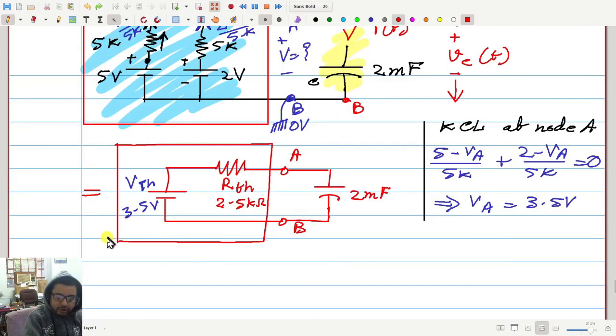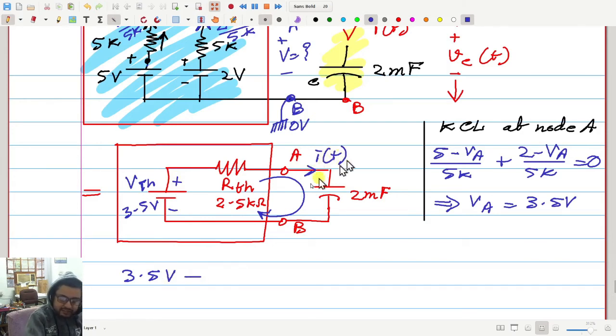Next, once we have the equivalent circuit, we can write a KVL equation in this loop. So we can now write 3.5 volt minus, this current is IT, so minus R Thevenin, which is 2.5 kilo ohm, into IT.